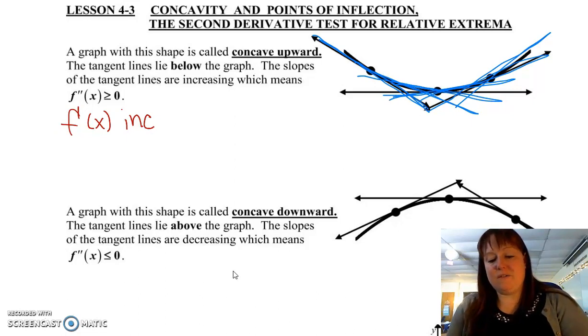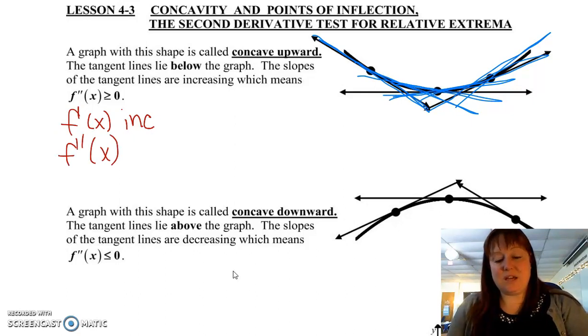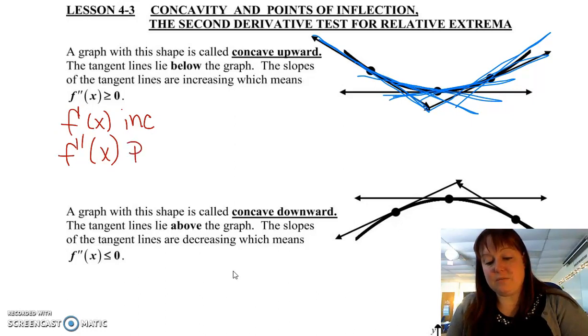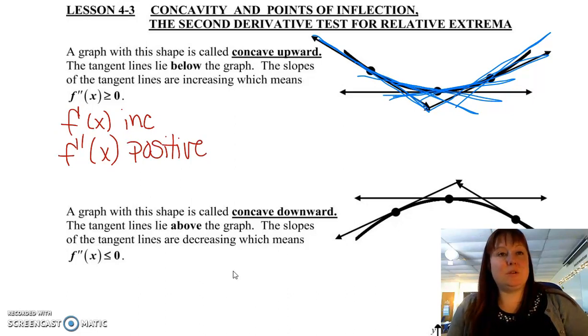The second derivative is the derivative of the derivative. So when the second derivative is positive, then the first derivative is increasing. And when the first derivative is increasing, the second derivative is positive.